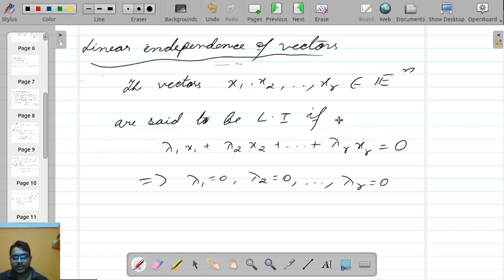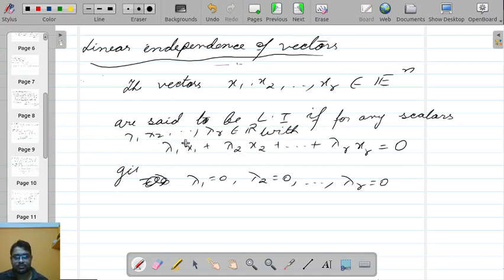If for any scalars lambda 1, lambda 2 up to lambda r in R, lambda 1 x1 plus lambda 2 x2 plus up to lambda r xr equal to 0 gives lambda 1 equal to 0, lambda 2 equal to 0, lambda r equal to 0.